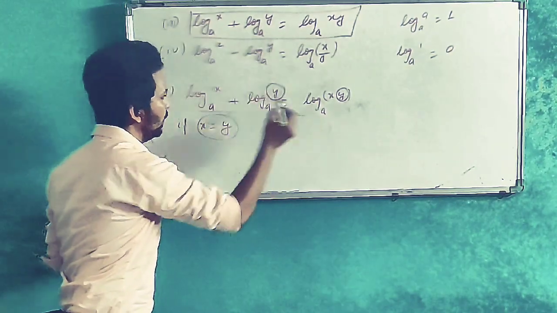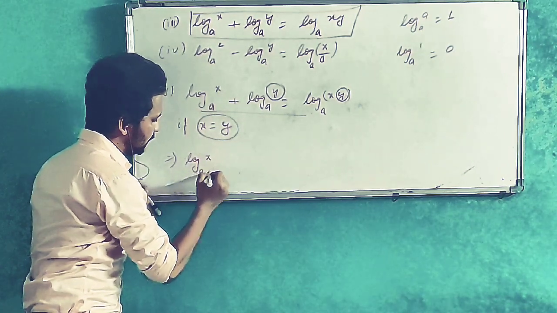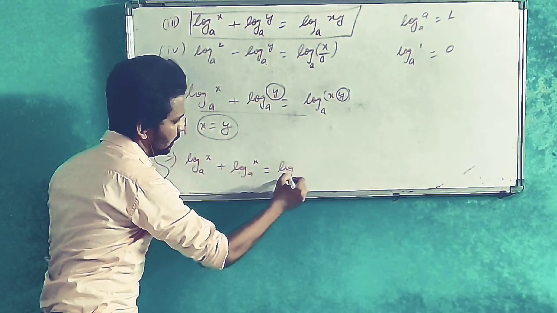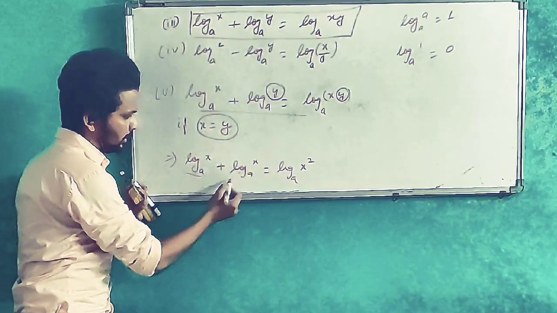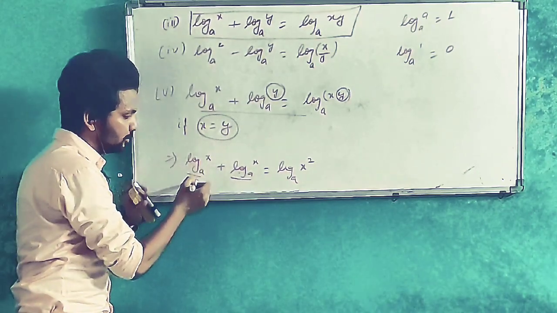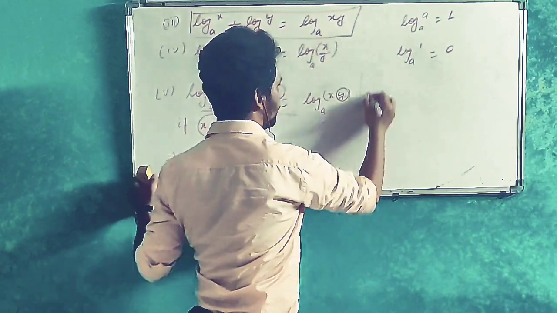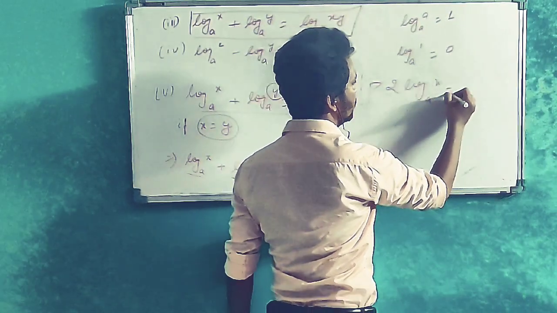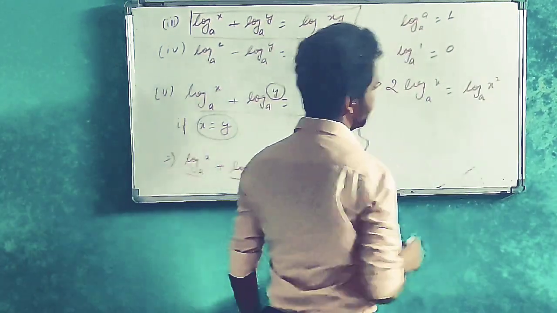Now this equation will become log x base a plus log x base a is equal to log x square base a. And log x base a plus log x base a will become 2 log x base a, which is equal to log x square base a.